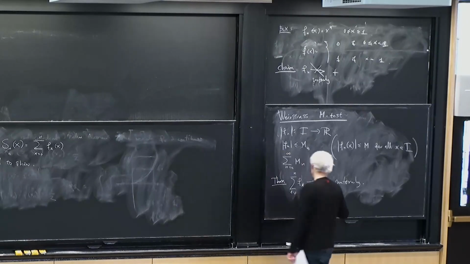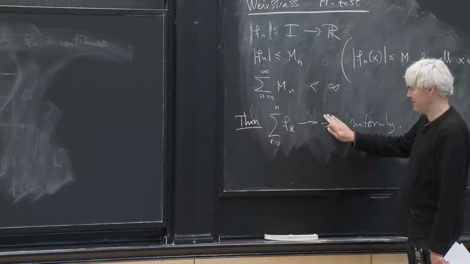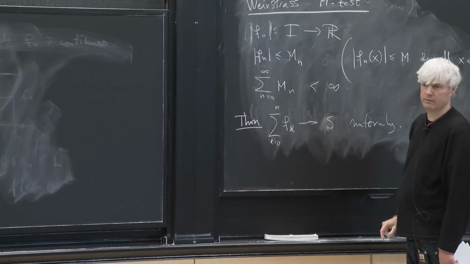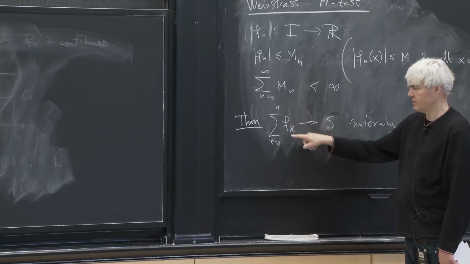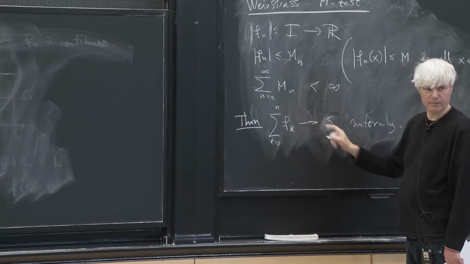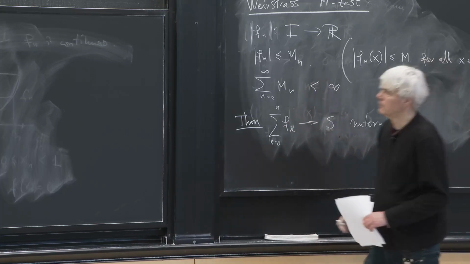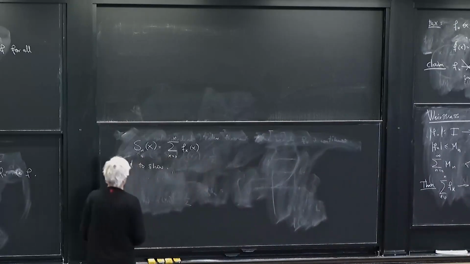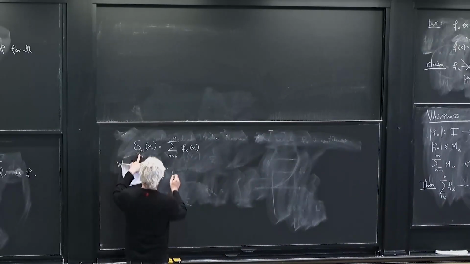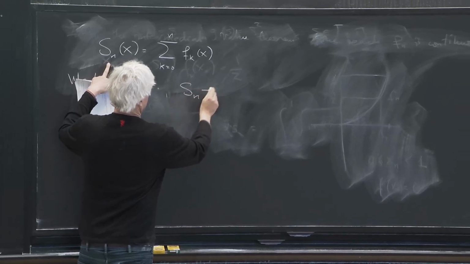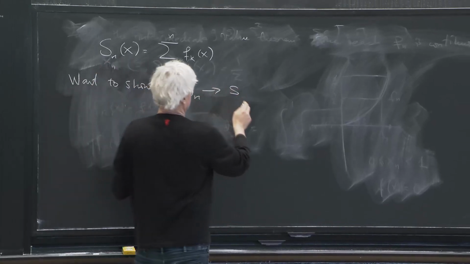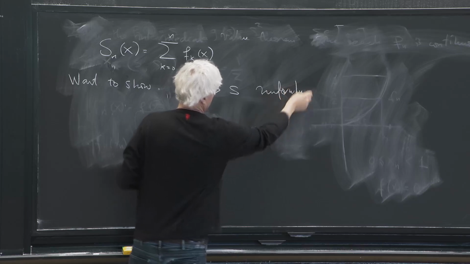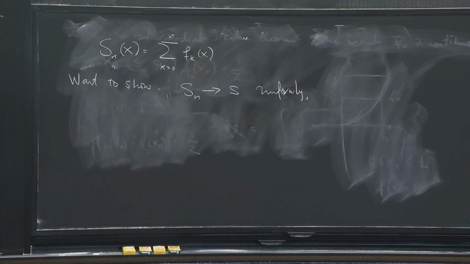And I think it's better to call this something else than little f, to call it S, right? Because it's not these guys that converge, it's a sum of them that converge. So we want to show that these guys here, the Sn, converge to this S uniformly. Right? That's what we want to prove.